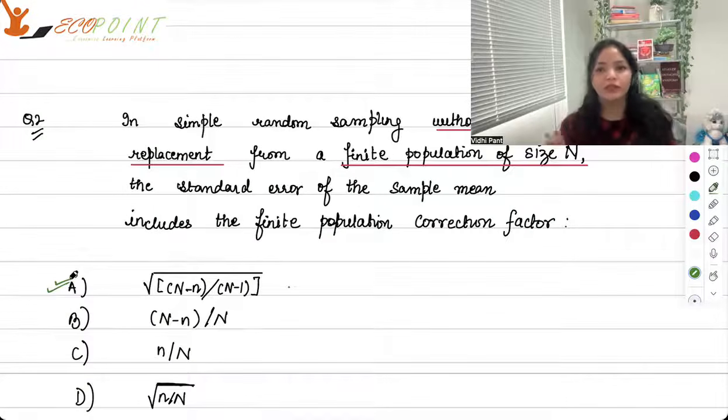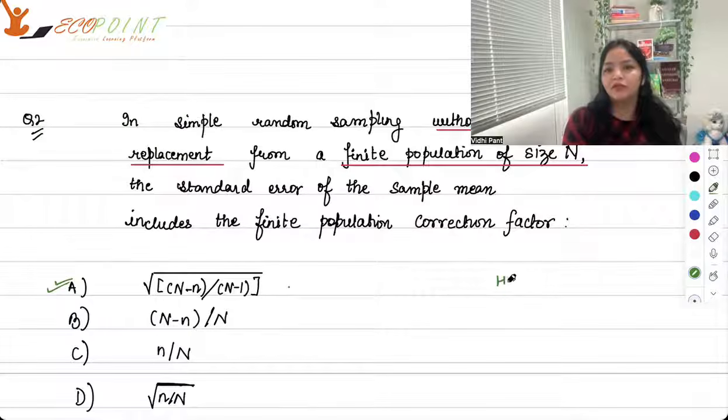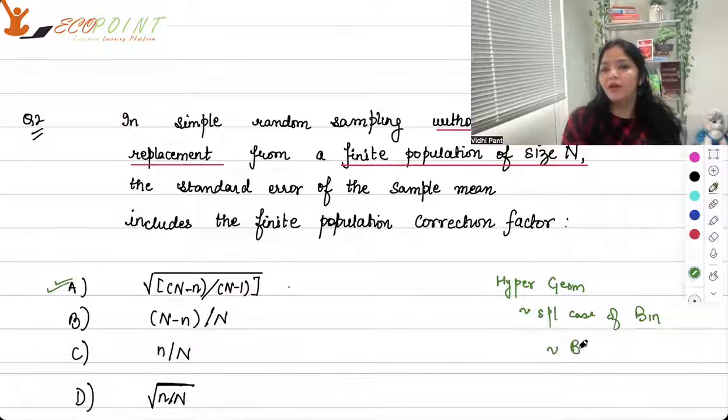And this is something that you can also relate with hypergeometric, which is a special case of binomial. It is basically the binomial scenario without replacement.